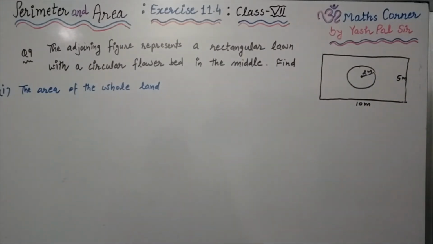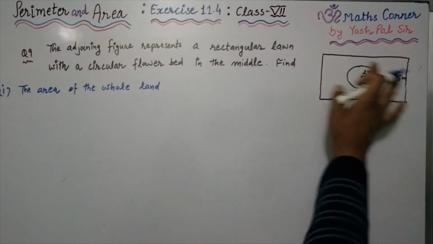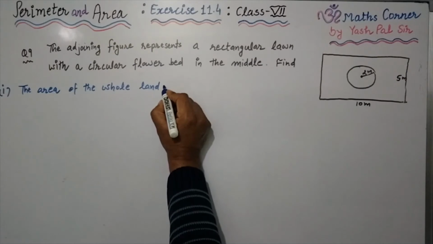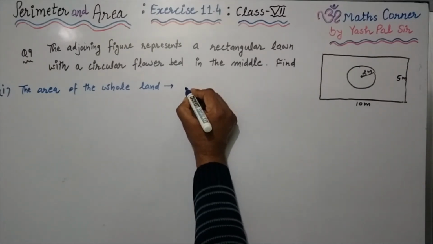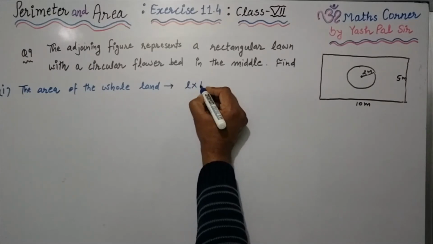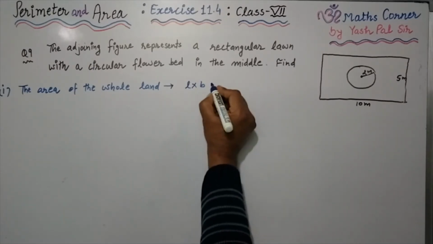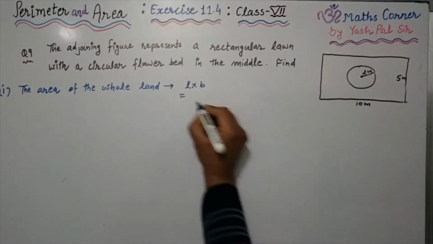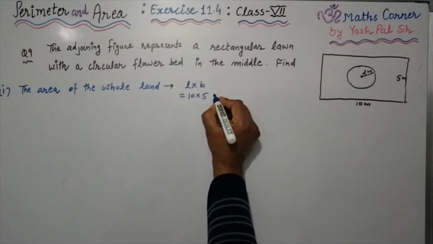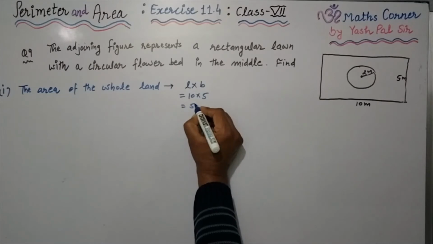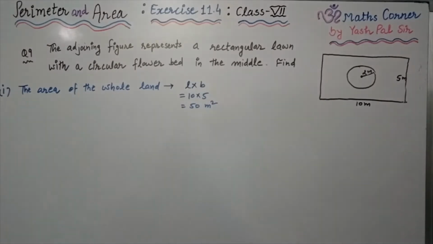Find the area of the whole land. Whole land means including everything. Rectangle, so this is length into breadth, which is equal to length 10 into breadth 5. So the answer is 50 meter square.